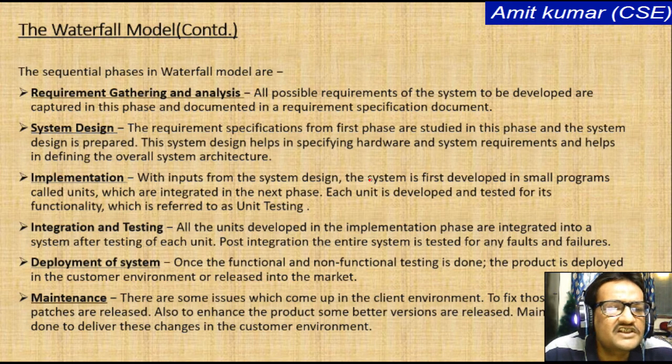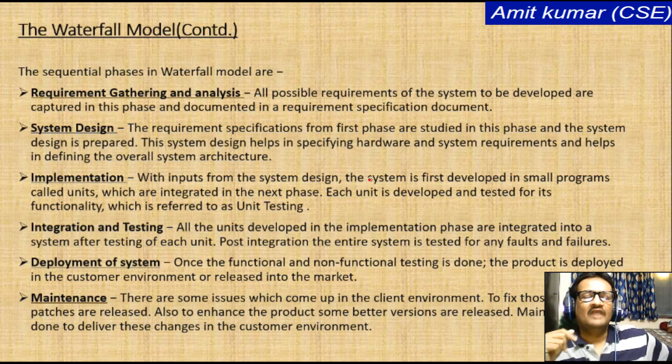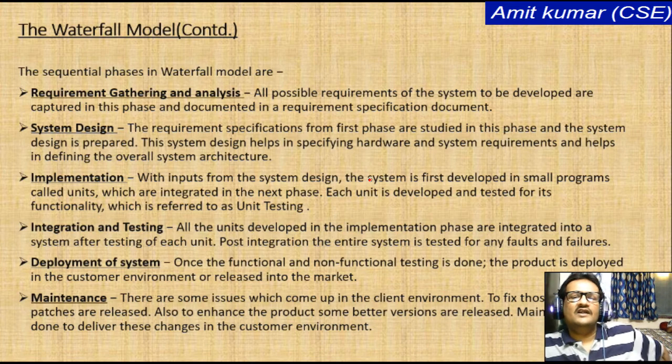The next phase is the system design phase. The requirement specifications noted in the SRS are studied in the design phase, and the specific hardware and system requirements necessary for fulfilling those requirements are also identified during the system design phase.